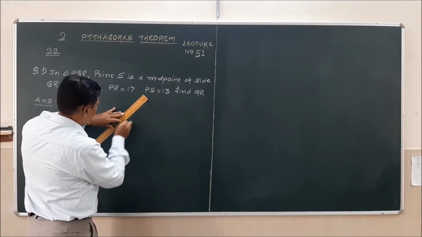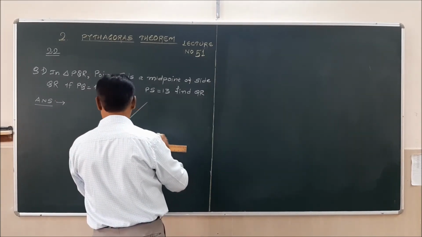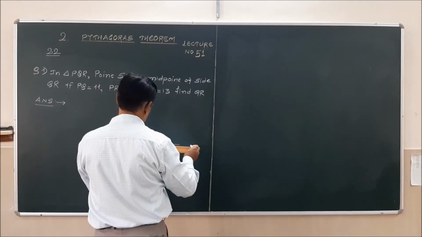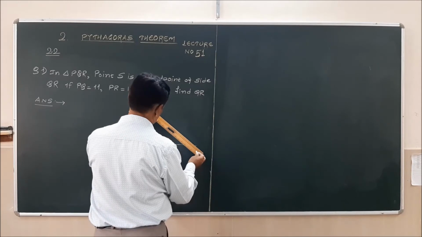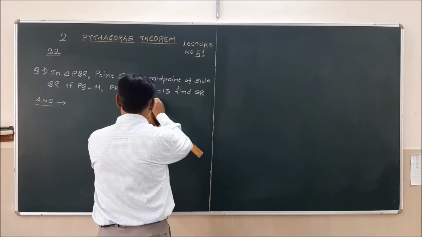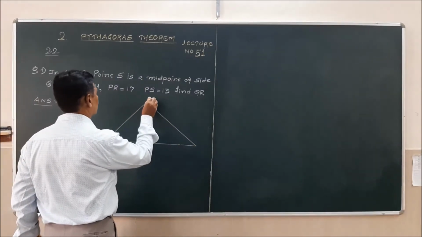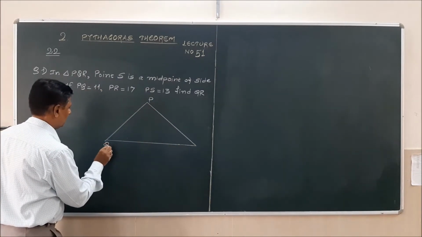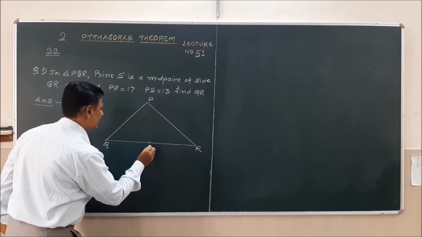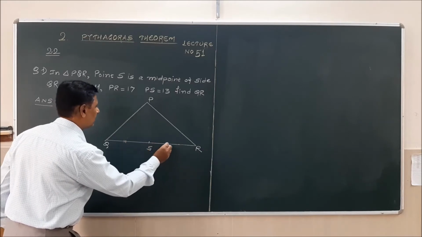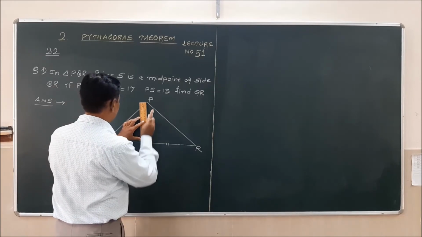So if I draw this figure, in triangle PQR you'll find S as a midpoint, and naturally you will get PS as median.